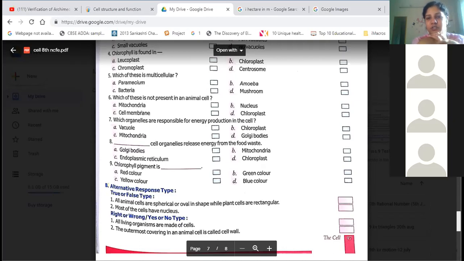But it's actually a true statement: plant cells are rectangular shaped, and animal cells are spherical or oval in shape.